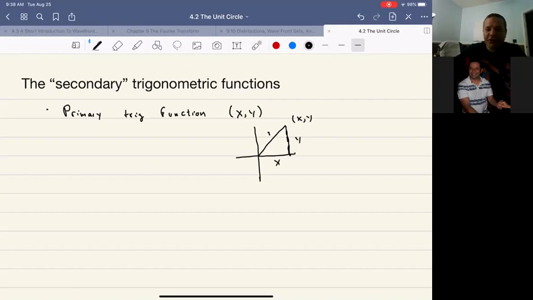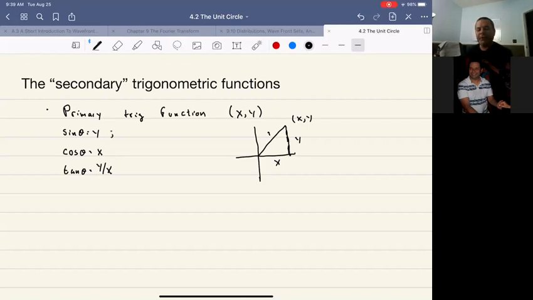So for the primary trig functions, we've already learned sine theta is y, cosine theta is x, and tan theta is y over x. Now we also have cosecant, secant, and cotangent.